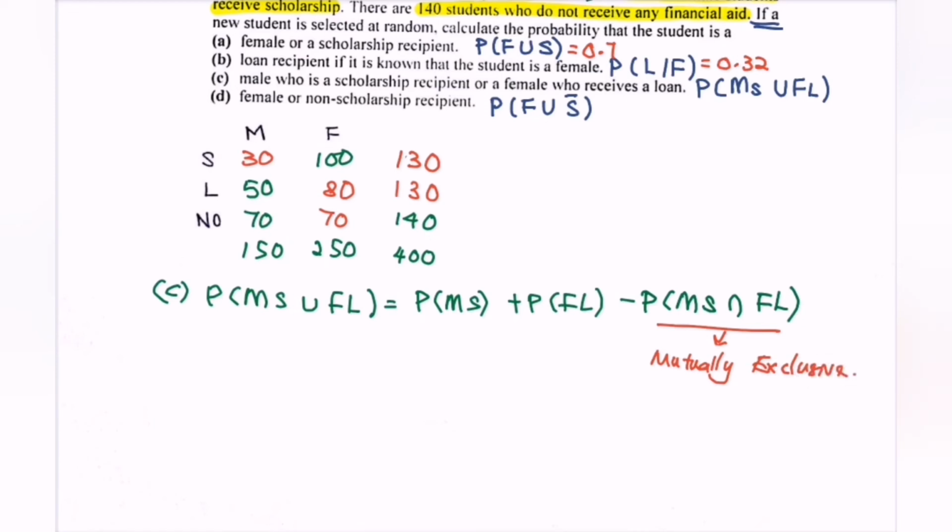So as we all know, it is equal to 0. Next, probability for male intersect with the scholarship, where we have 30 over 400, plus we have female intersect with the loan, where we have 80 over 400. So the probability for male with the scholarship union the female for the loan is equal to 110 over 400, or we can say 11 over 40, or 0.275.